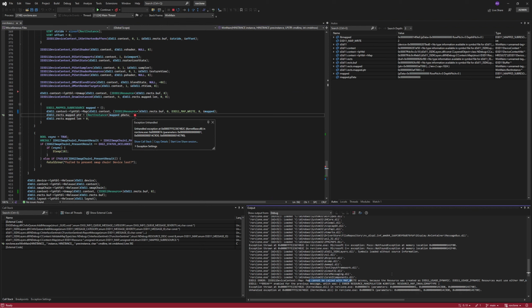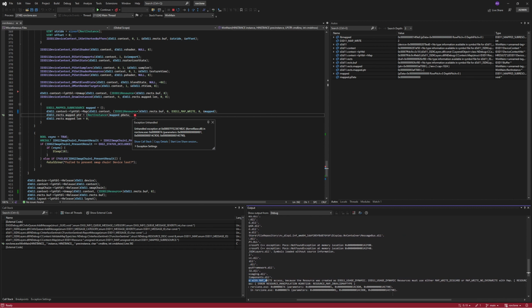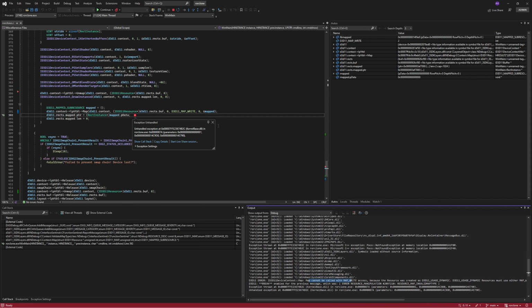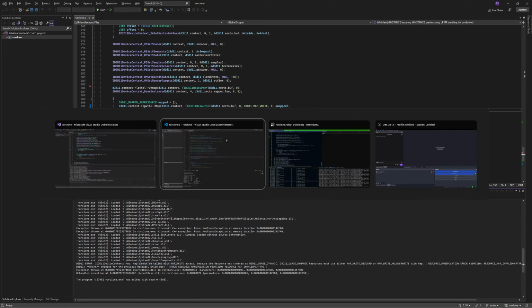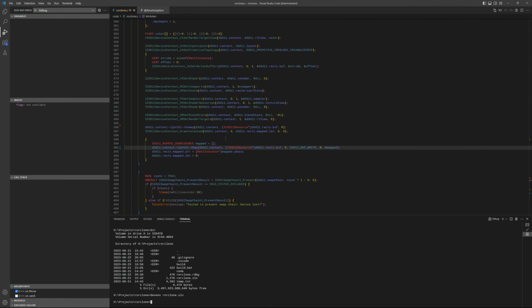Map cannot be called with map write access because the resource was created as usage dynamic. Must either use what? Map discard or map write no override. Interesting. Well, map write no override sounds about right to me. Okay.